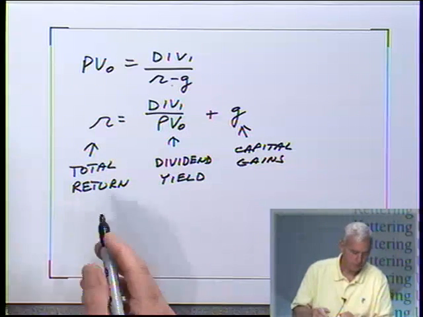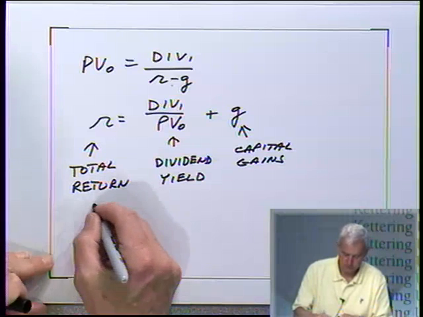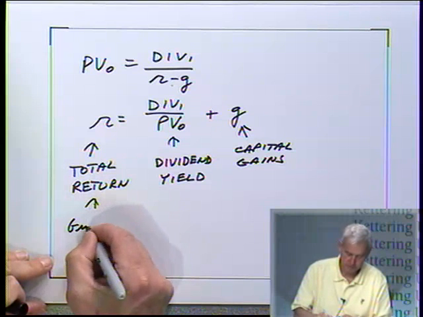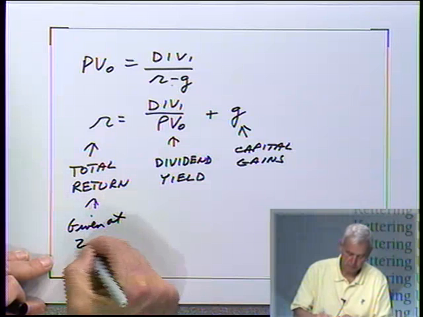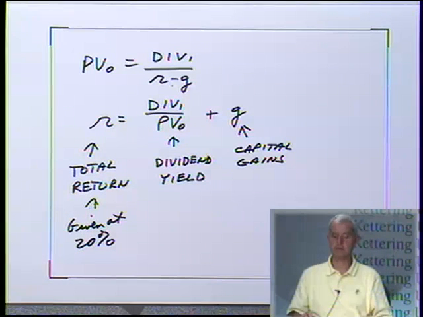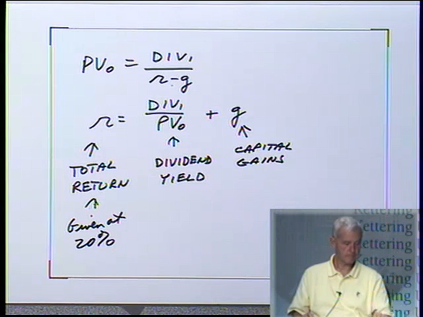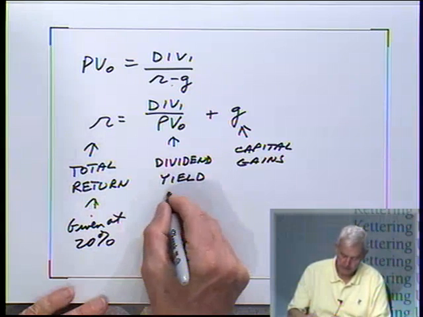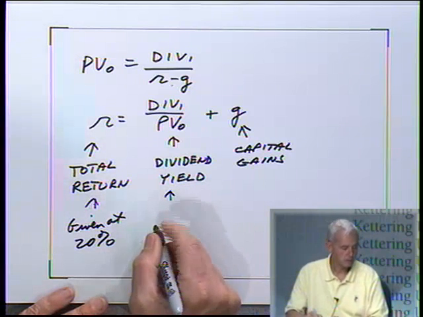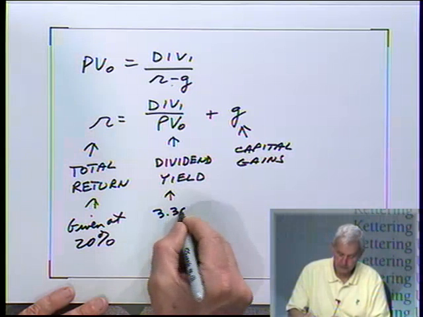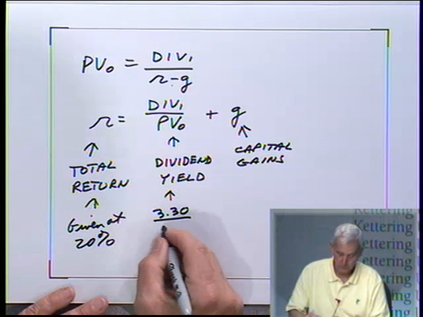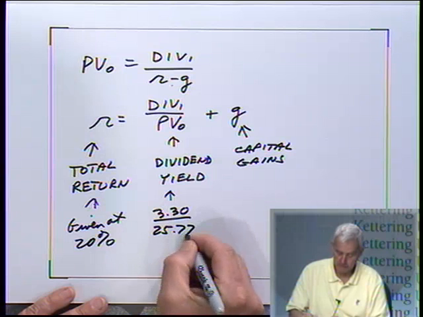Now, this is given to us. This is given at 20%. The dividend yield would be $3.30 over $25.77.